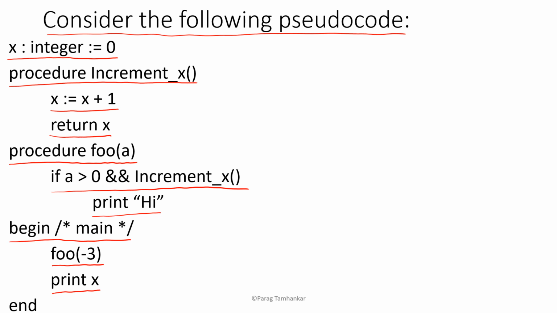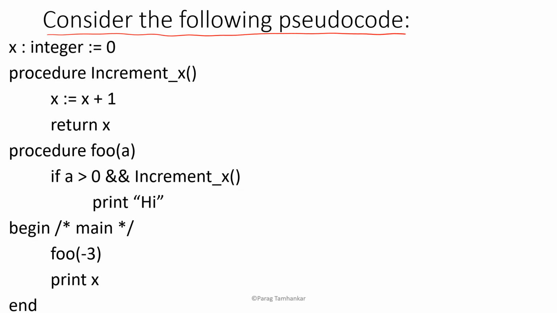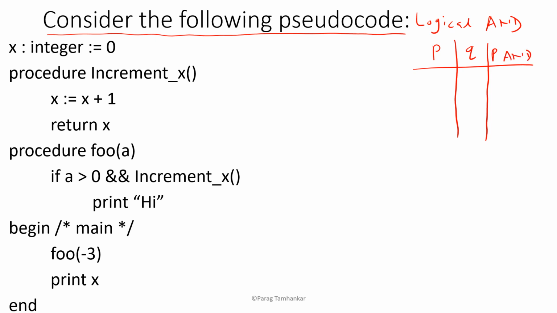So let's see the short circuit evaluation in case of AND. First of all, we will see logical AND operator, right? It takes two arguments, for example p and q, and if you do it like p and q, then if both are false, result is false, right?